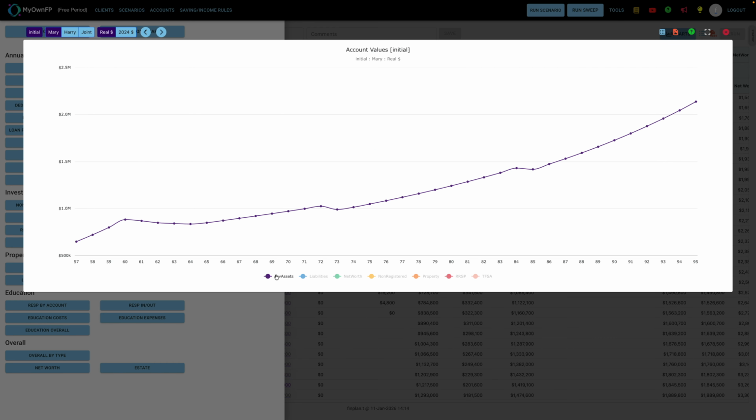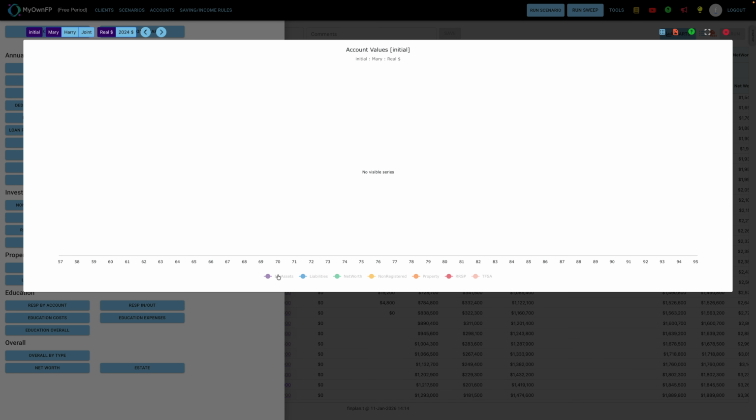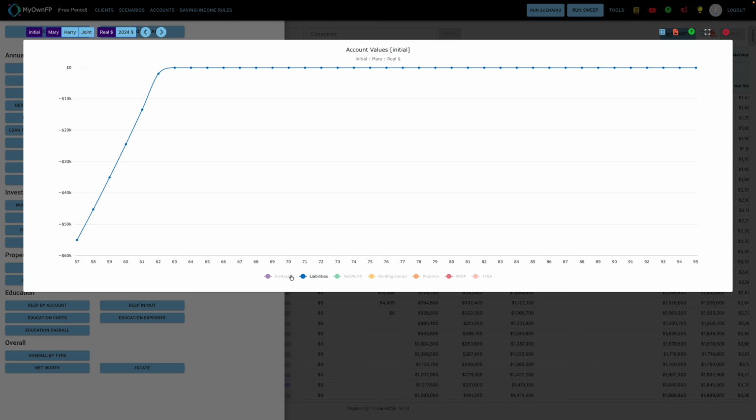So your investable assets are your RSP, your TFSA, your non-registered accounts, LIRAs, LIFs, and all that if they applied. These are lines because investable assets includes non-registered and TFSA and RSP, so they can't be stacked in a bar. So that's our investable assets. Our liabilities started off negative, went to zero as we paid it off.